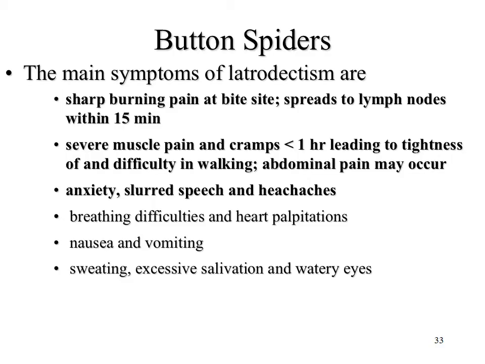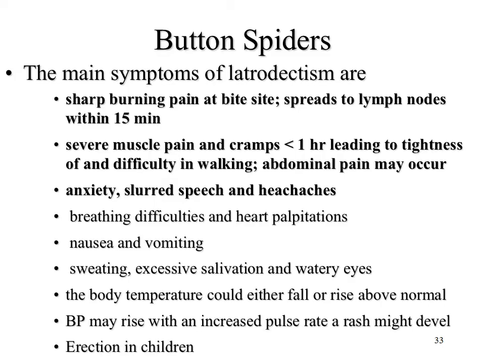There can be breathing difficulties and heart palpitations, nausea and vomiting, sweating and excessive salivation, and watery eyes. In fact, the face has also been documented to swell up and be a bit puffy. The body temperature could either fall or rise above normal.